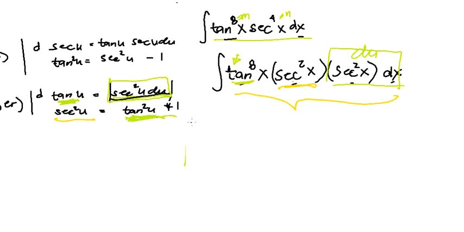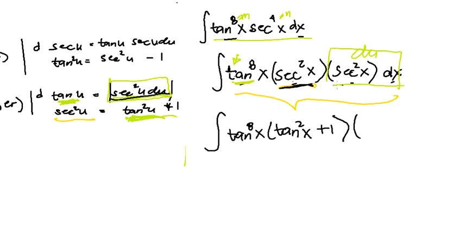So we have tangent 8x, and the identity of this is tangent squared x plus 1, then this term, secant squared x dx.